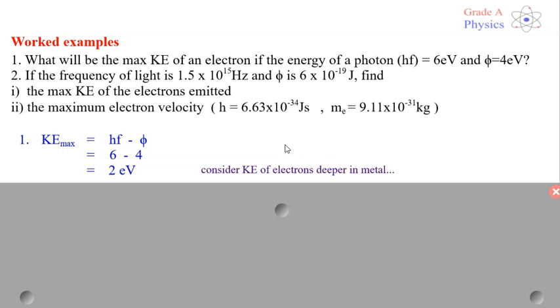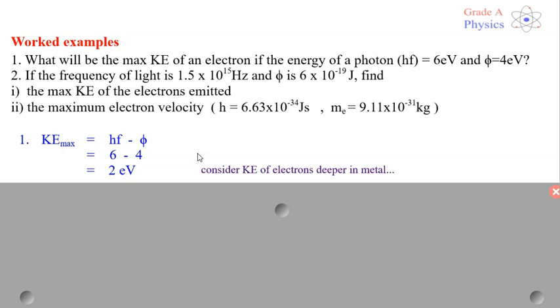So this idea of maximum kinetic energy, we cannot get a greater kinetic energy than that. But what about if we looked at an electron a little bit deeper inside the material? The work function doesn't change, but maybe the next layer of electrons requires 5 electron volts to release the electron to the surface of the metal, in which case 6 minus 5 will give us 1 eV.